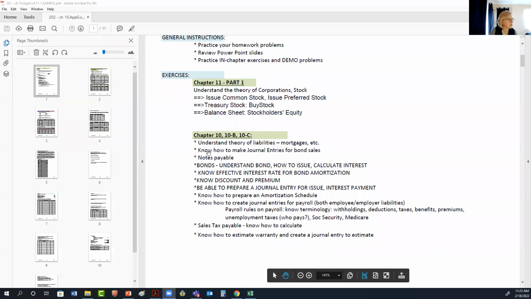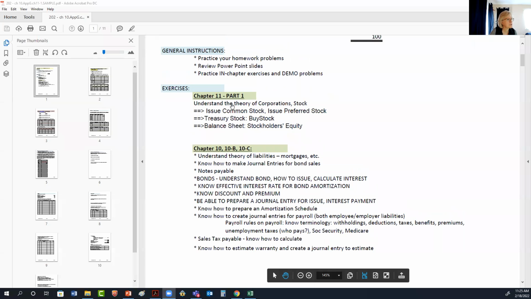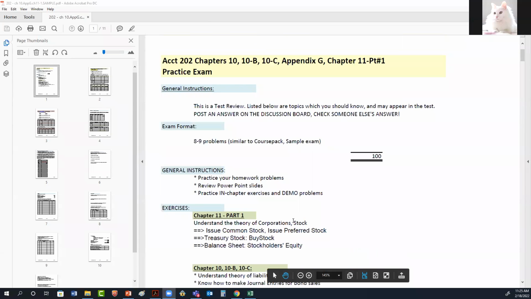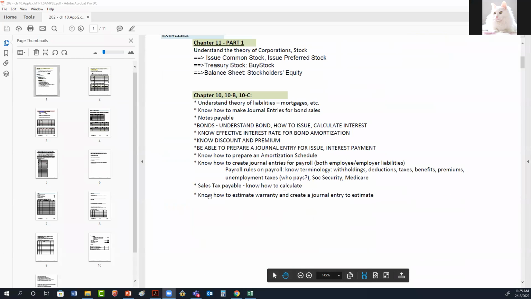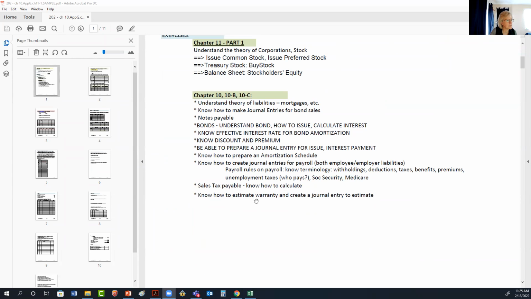If you look at the practice exam on page 1, I believe it's, so understand the theory of corporations and stock, understand the theory of liabilities, notes payable, that kind of thing. Okay. All right. And can you cross this last one off? You do not need to estimate warranties. We didn't cover it in this book.